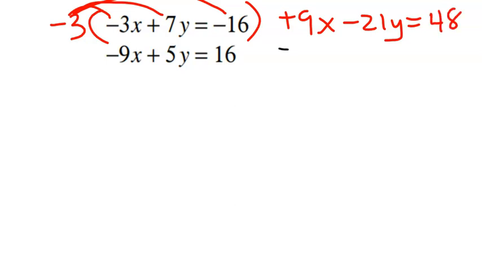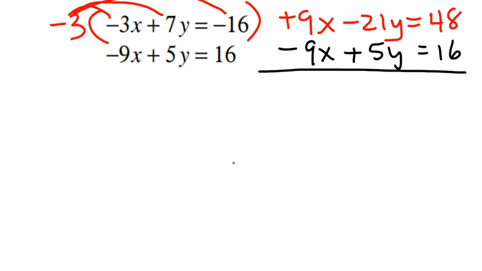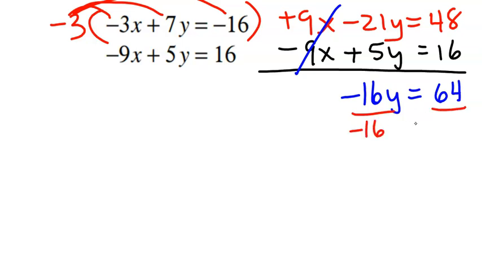The second sentence remains the same. When I add my sentences together, I get an elimination, and over here I'm going to get negative 16y equals 64.